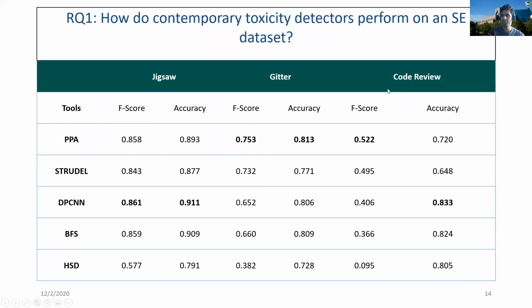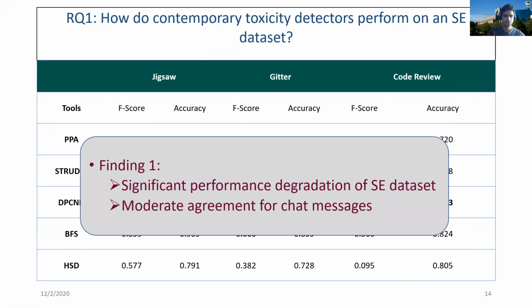But all the tools performed very low for code review data because the code review comments consist of technical terms and software engineering terms. So our finding 1 is that all the tools have significant performance degradation on the software engineering data set, and they have moderate agreement for chat messages like Gitter.